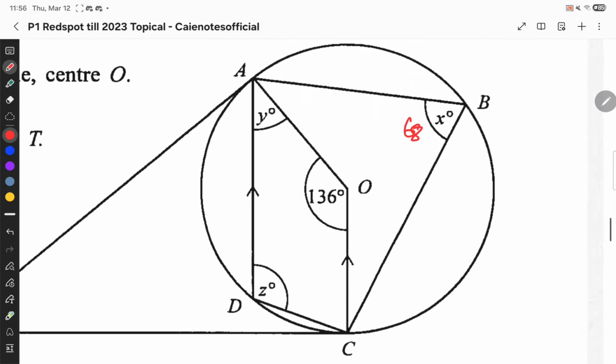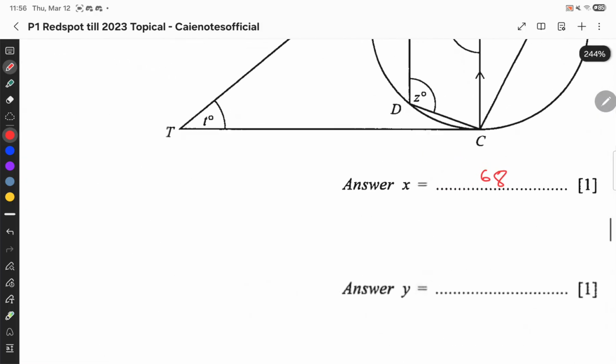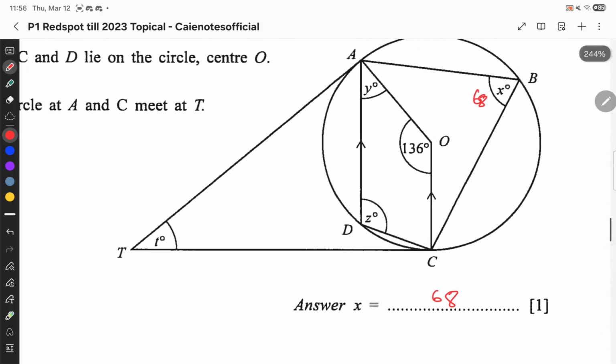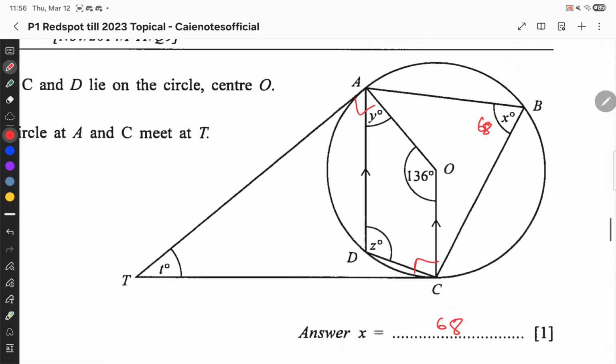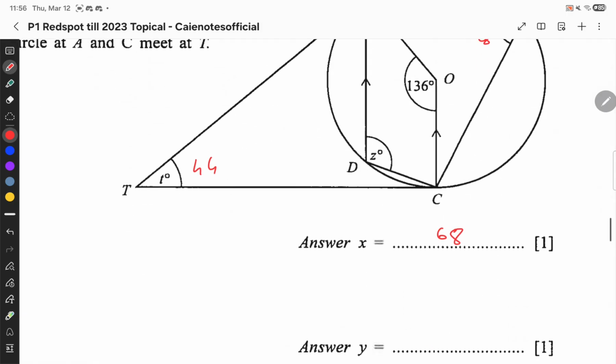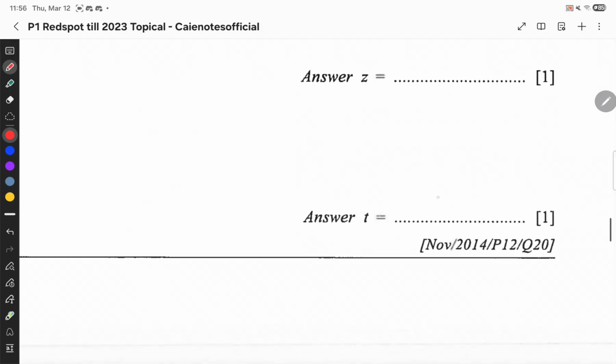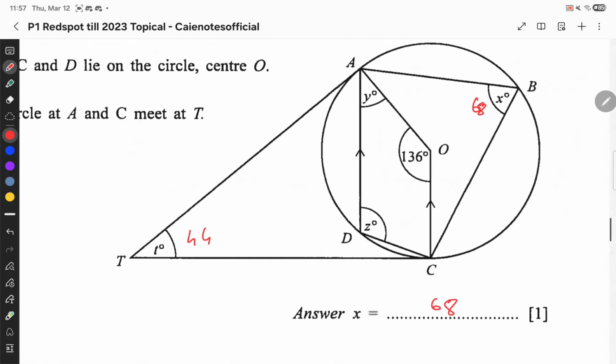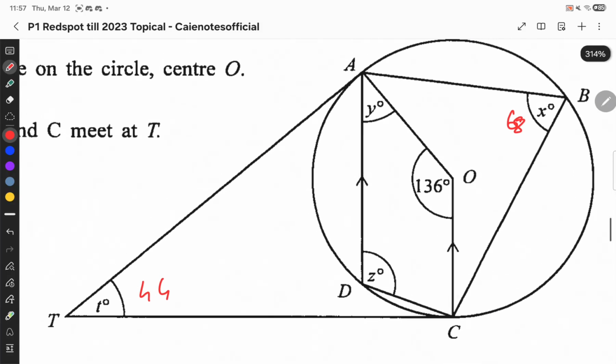Next we find angle T. This can be done quickly. This is 90, this is 90, so 180 minus 136 is equal to 44, and 44 is our answer. Write the correct answer in the correct answer space. Do not get worried about that.